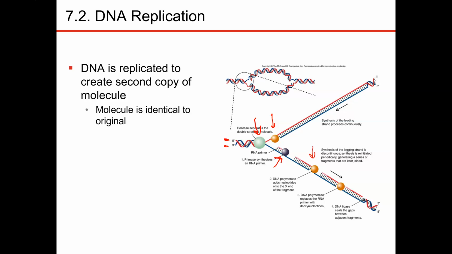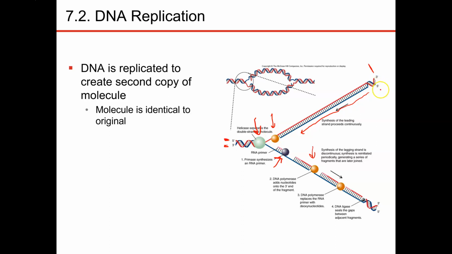Notice that on one of the parent strands, the red one up here, we have a continuous production of a new strand, because down here we have that 3' end, because remember up here it was 5' to 3'.